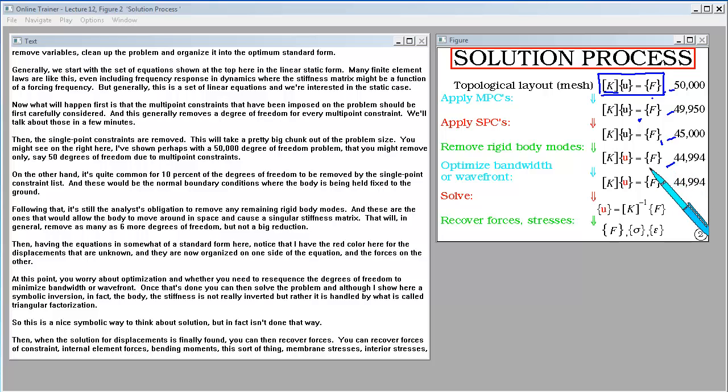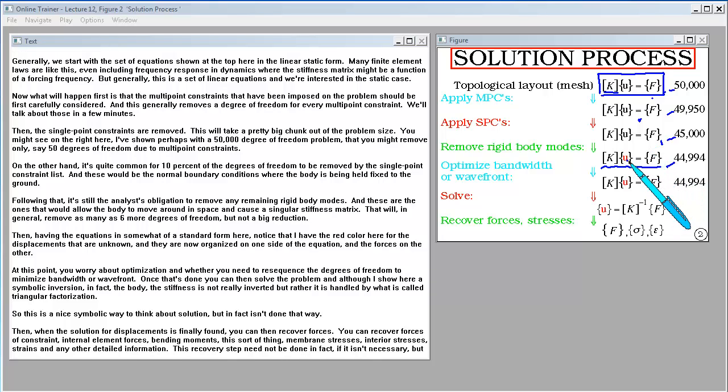Then, having the equations in somewhat of a standard form here, notice that I have the red color here for the displacements that are unknown, and they are now organized on one side of the equation and the forces on the other. At this point, you worry about optimization and whether you need to resequence the degrees of freedom to minimize bandwidth or wavefront.